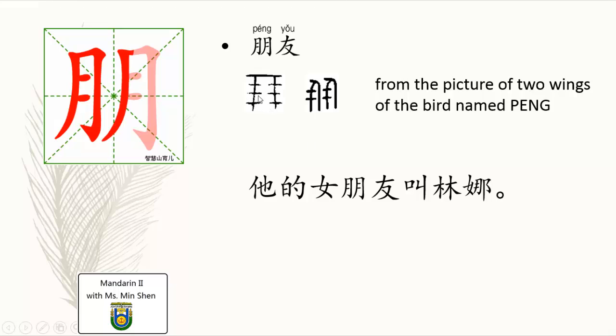Therefore, the double wings, we use it in the word 朋友. You can also understand double wings, or the wings, they are always together, same as hands in hands. So it presents the meaning of friendship, or 朋友.